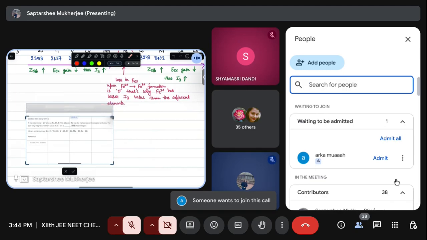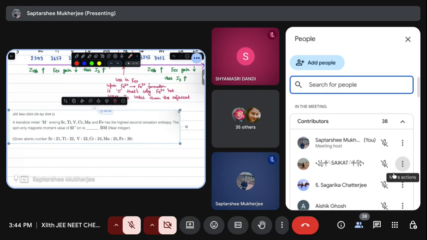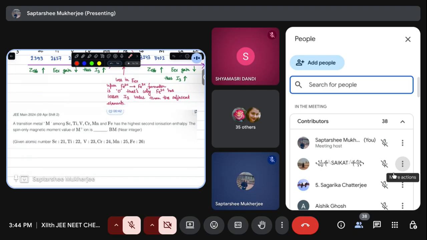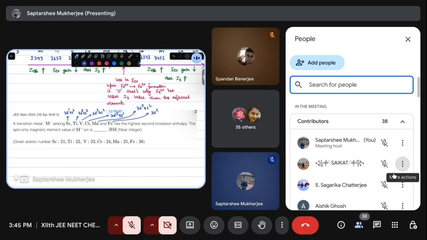Scandium is 3d1 4s2, then 3d2 4s2, 3d3 4s2, 3d5 4s1, 3d5 4s2, 3d6 4s2.